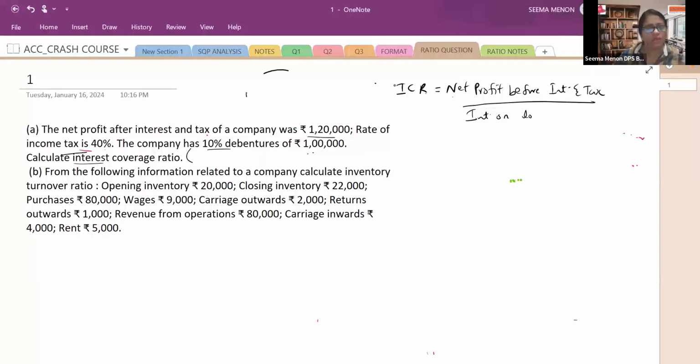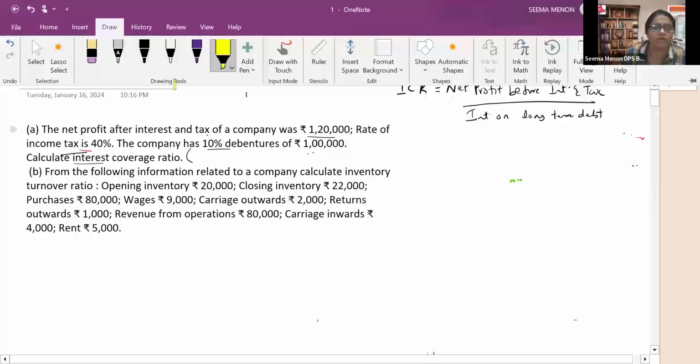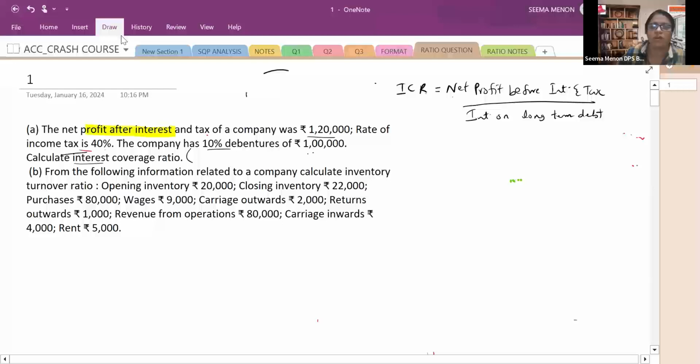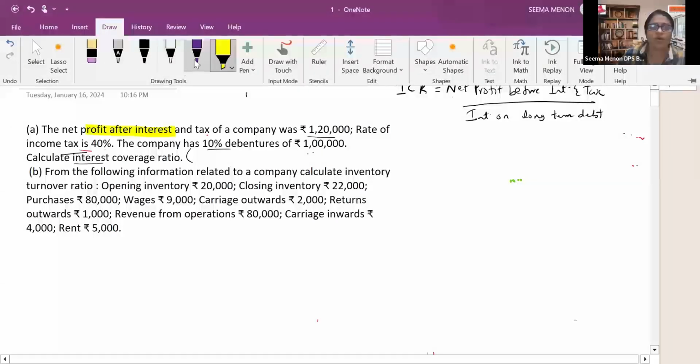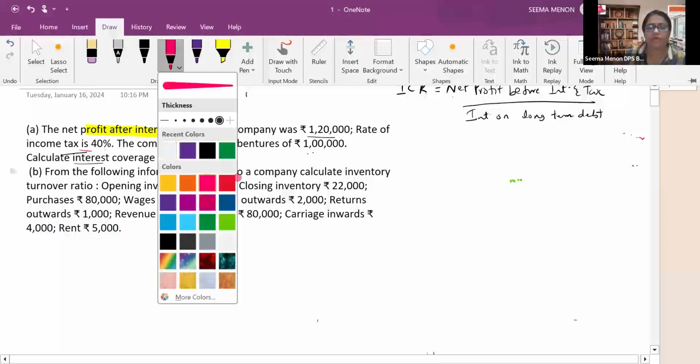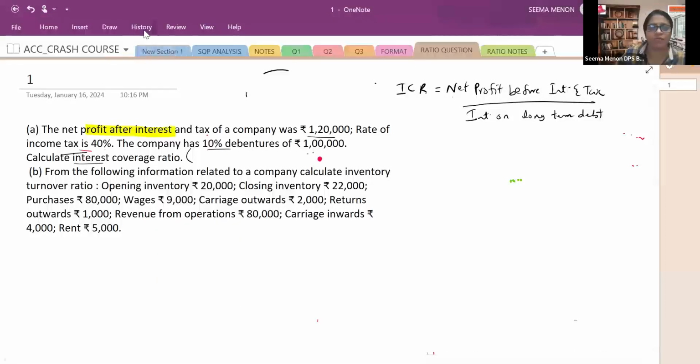Another name is fixed financial charge, interest on long-term debt. Now it is given that the net profit after interest and tax, so you can see in the question. So we need to find out what is the net profit before interest and before tax. So let's solve that one by one.